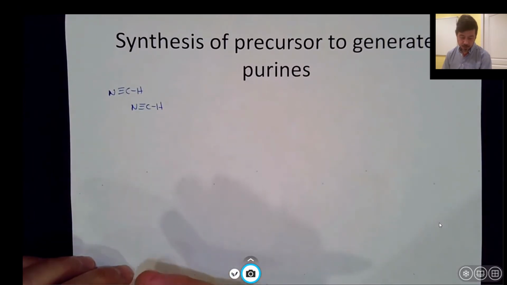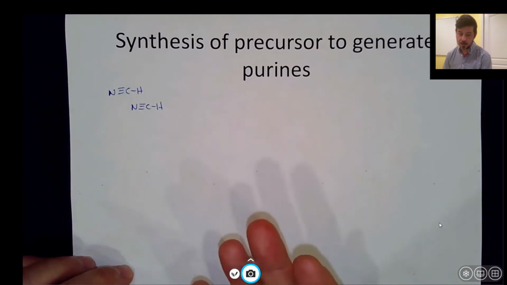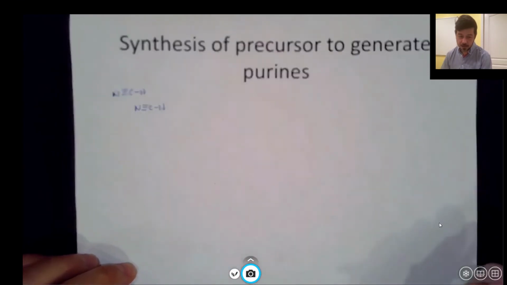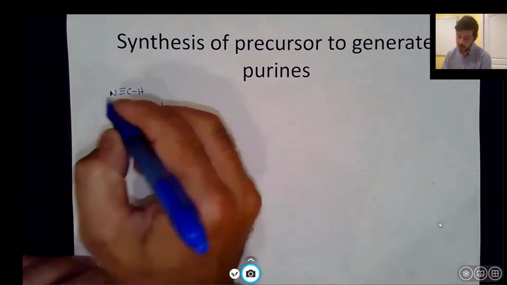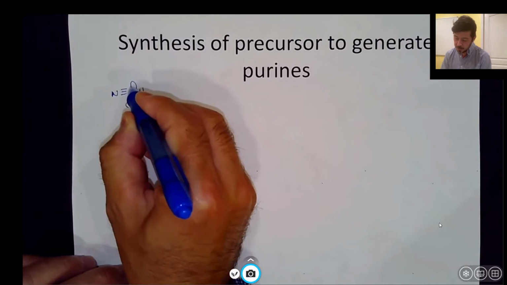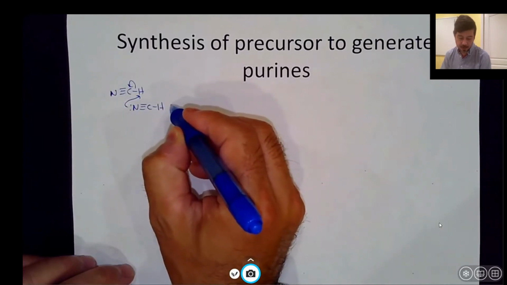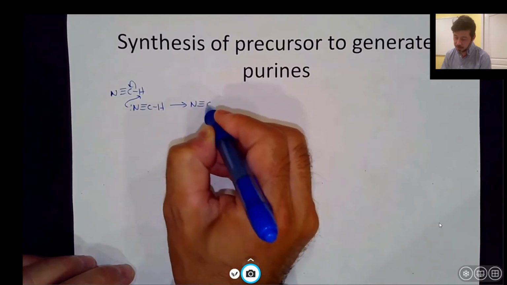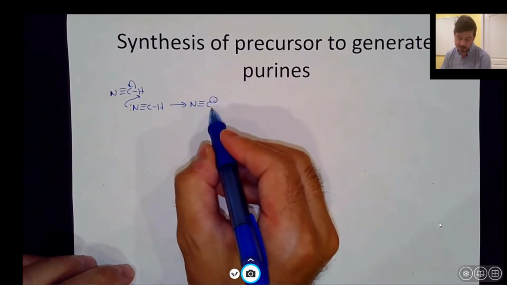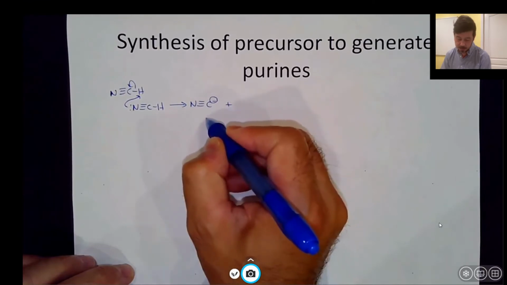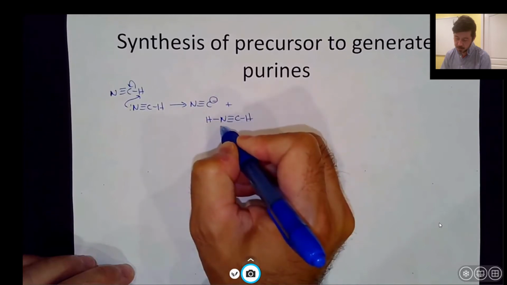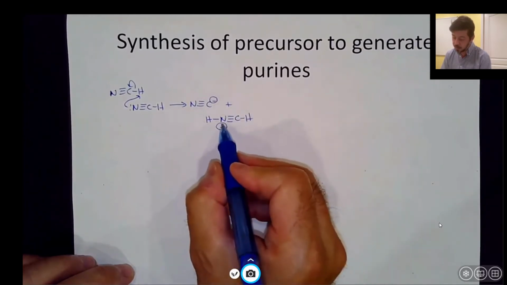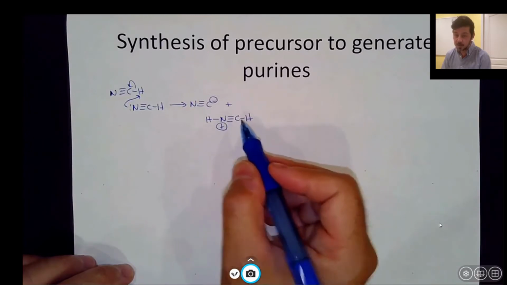What we're going to do is get these molecules to react with one another. Hydrogen cyanide actually is a very good acid, so it can donate protons. It's also actually a base as well. So let's just do a classic acid-base chemical reaction, and then what you're going to end up with is the nitrile anion plus this hydrogen cyanide that now has a nitrogen that is protonated and is now actually a good electrophile.